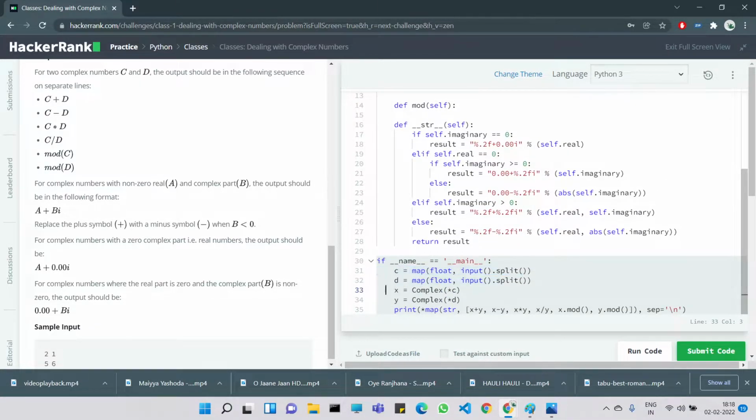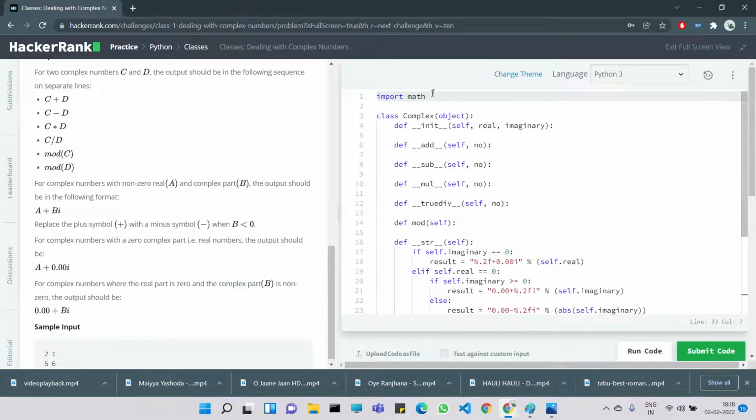They already took the input, then they mention the instances of two objects, then the class is already declared here, then the methods of the class are what we only need to fill out.